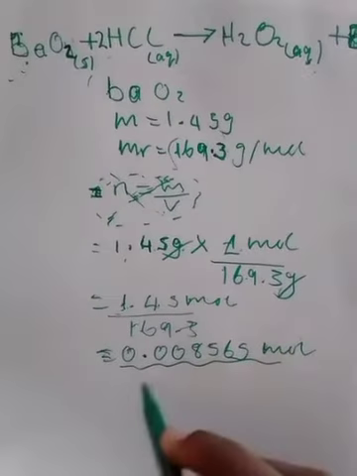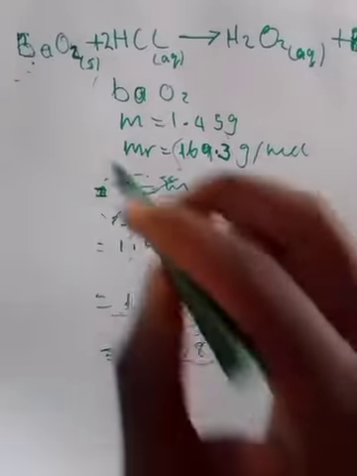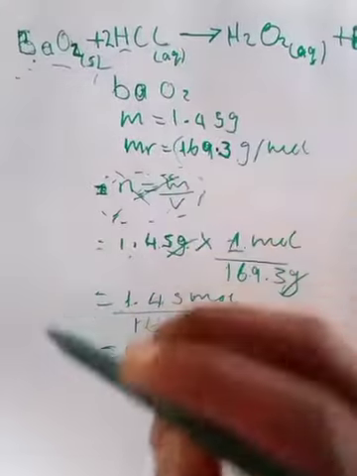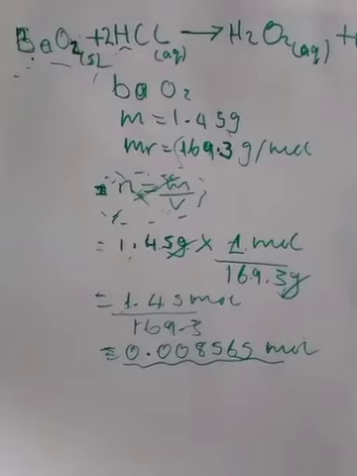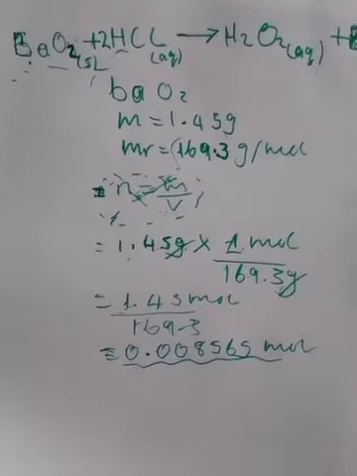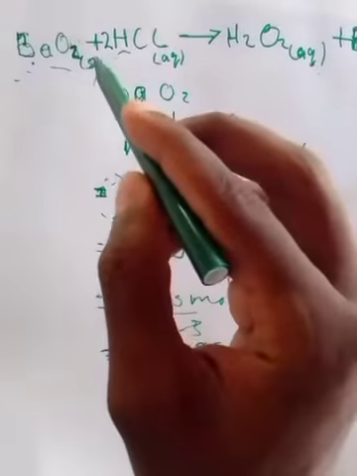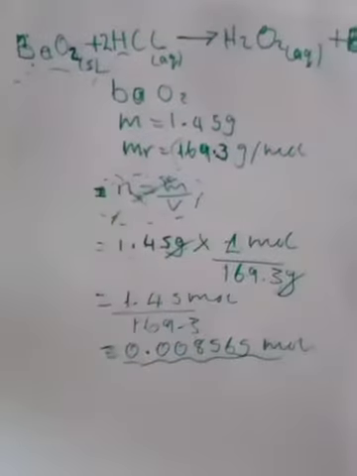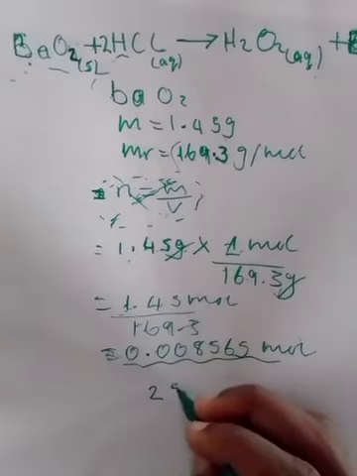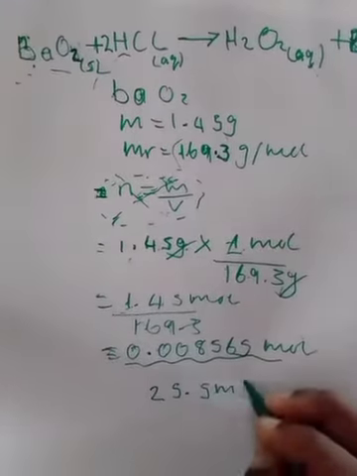Now let's find the number of moles for hydrochloric acid. Now for hydrochloric acid, they have kind of twisted the question. So they have said that this barium peroxide reacted with 25.5 milliliters of hydrochloric acid, which is represented by HCl.